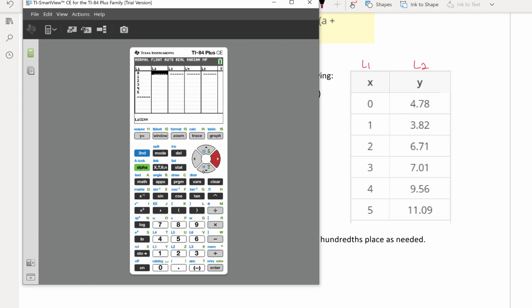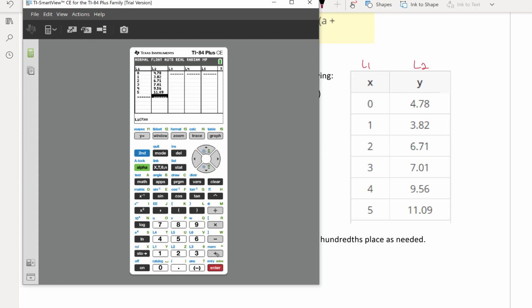Now my y values, like I said, go into my L2. So that's going to be 4.78. I also have my 3.82 and a 6.71 and a 7.01, 9.56, and a 11.09.